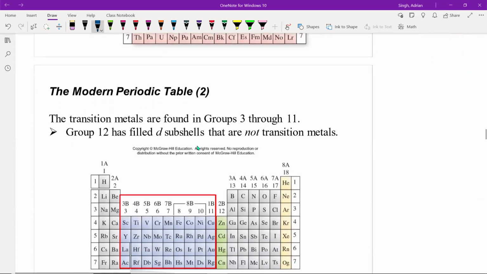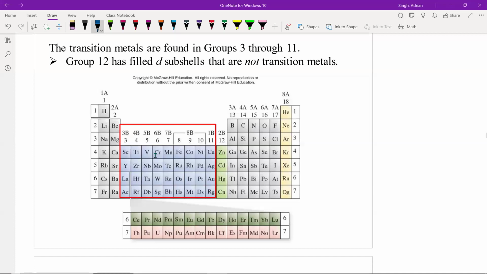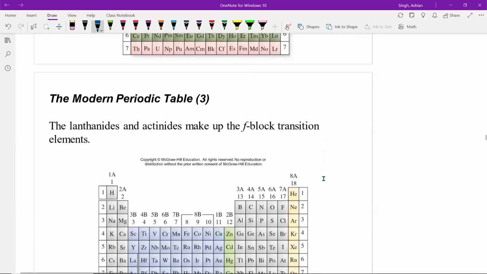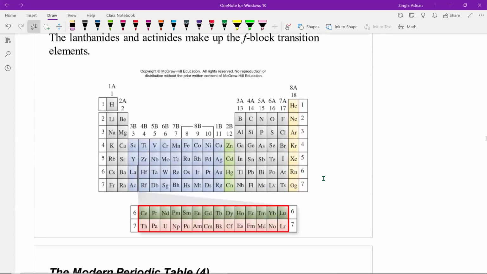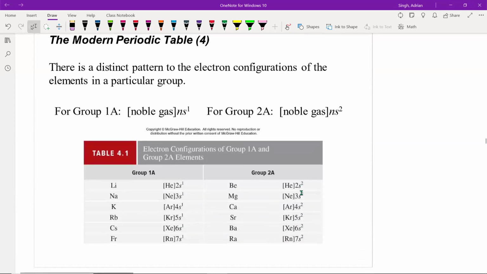The transition metals we talked about before, right? Of the 10 columns that make up the D block, 9 of them are transition metals. The last column, with zinc, cadmium, and mercury, is not classified as transition metals. We talked about the lanthanides and the actinides that make up the first and second row of the F block, respectively.